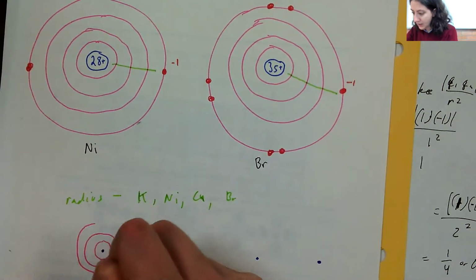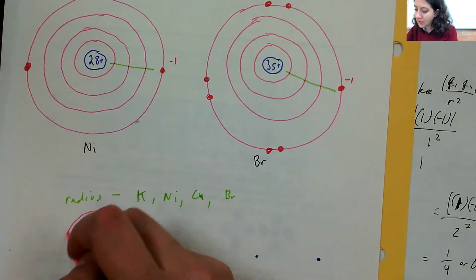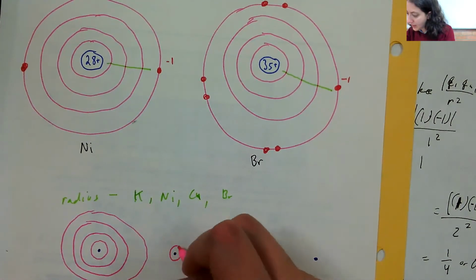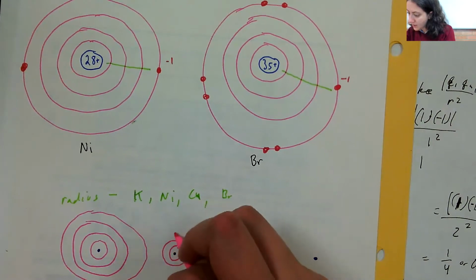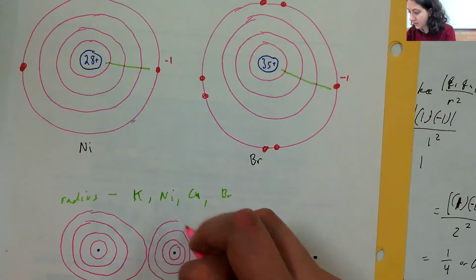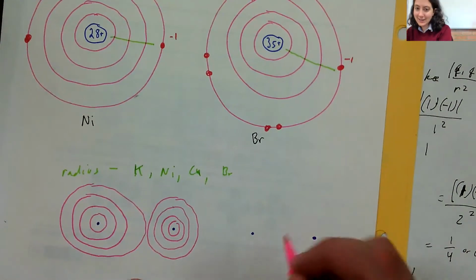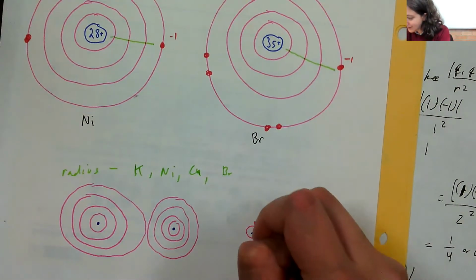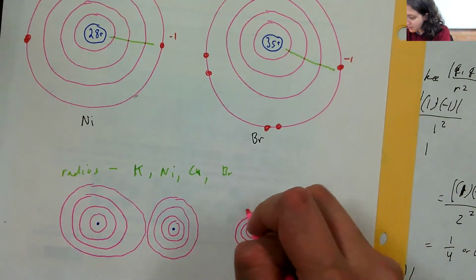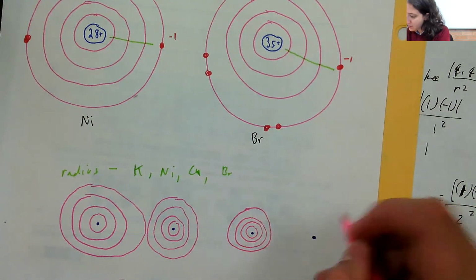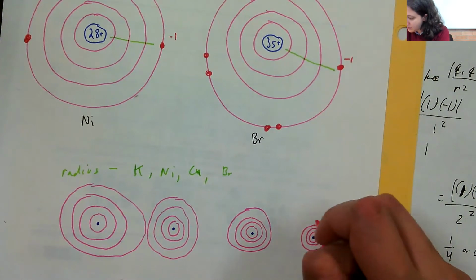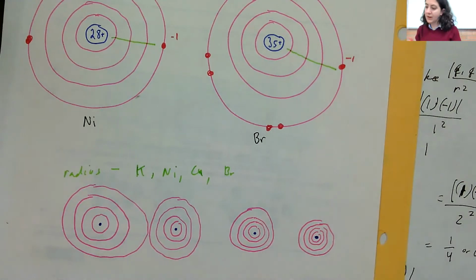the electrons don't have quite as much force. So they're kind of pulled away a little bit. Here, it's a little bit tighter, kind of a smaller radius. This looks really silly, doesn't it? Even smaller here. And even more so here.